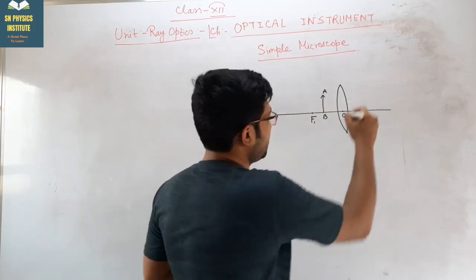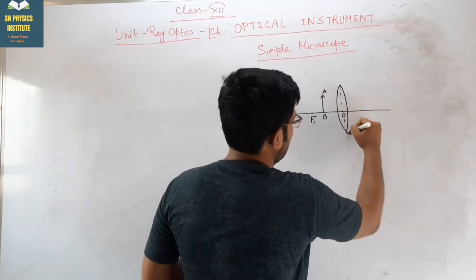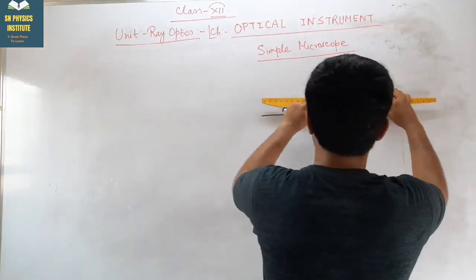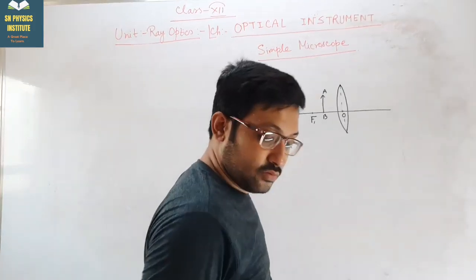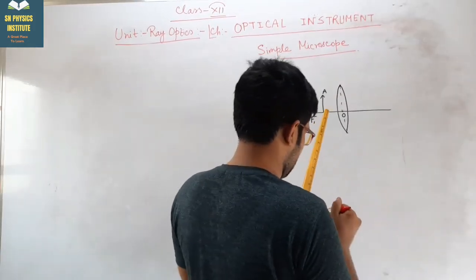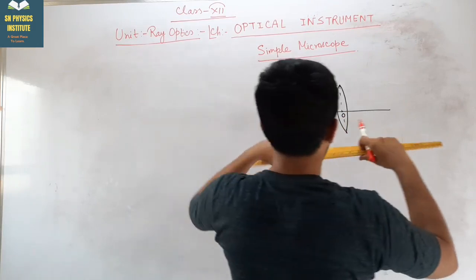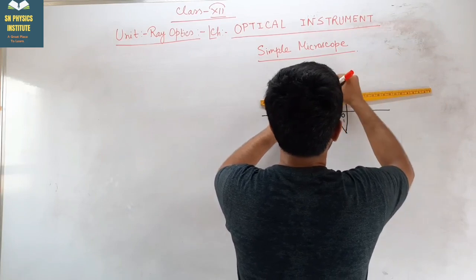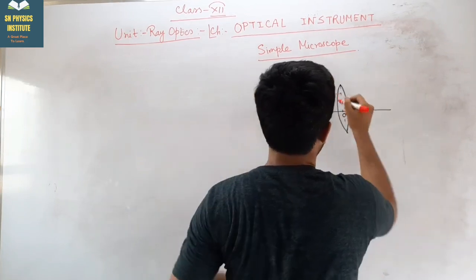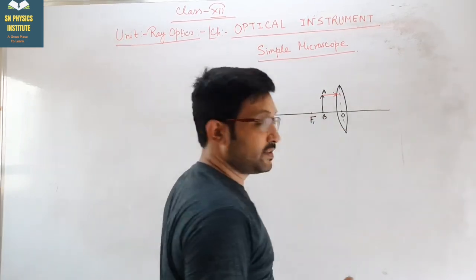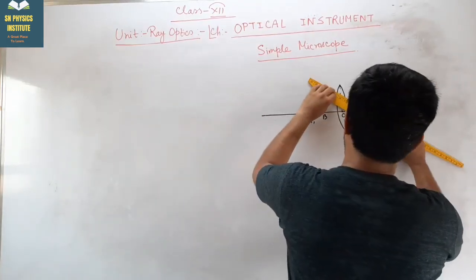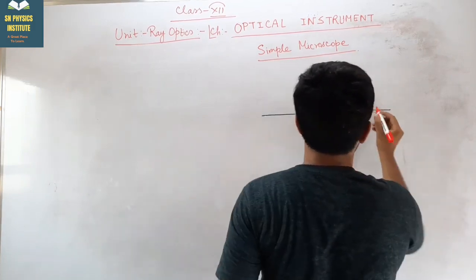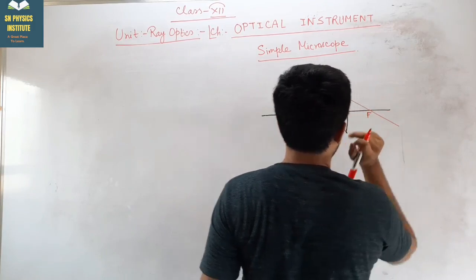Now if you draw the ray diagram, one ray is incident parallel to the principal axis, and after refraction it passes through the second focus.